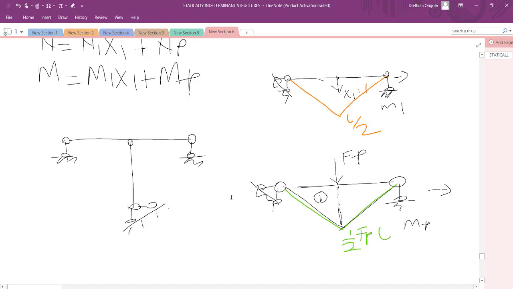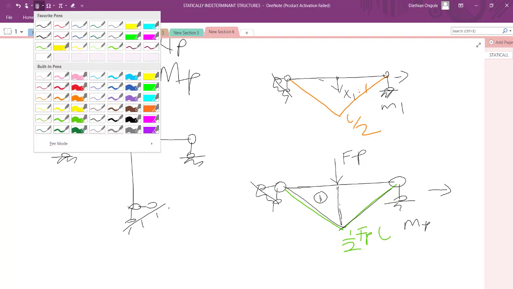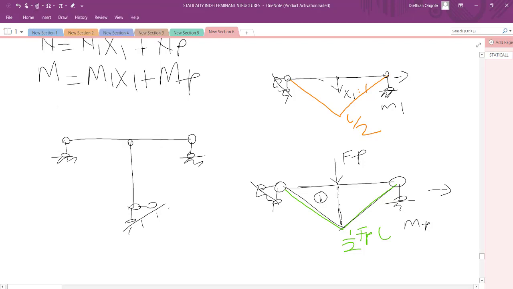Let's begin by dealing with our axial force. From this M1 drawing here, we had an axial force given by x1 equal to 1. So we get that value of axial force, which is 1, and multiply it by negative 5 over 8 FP.